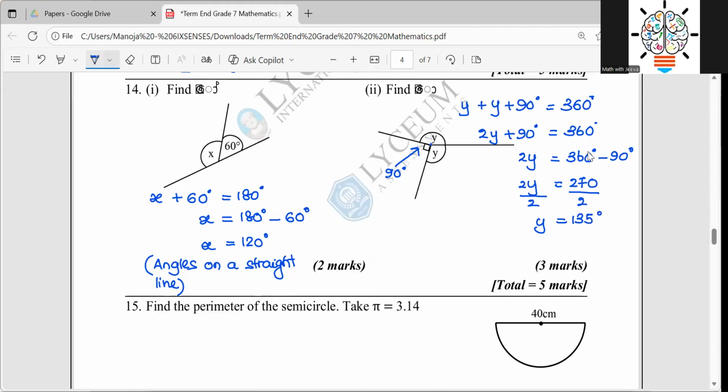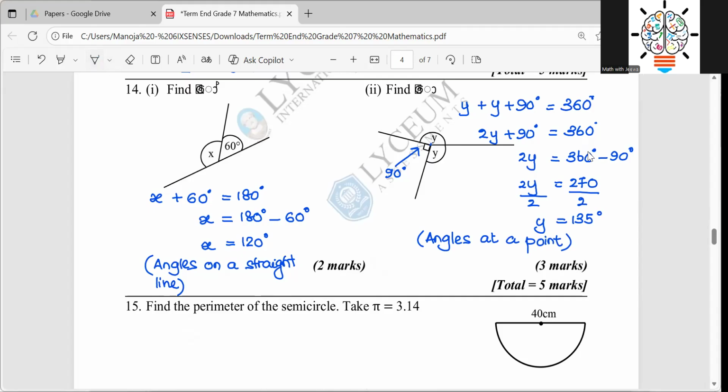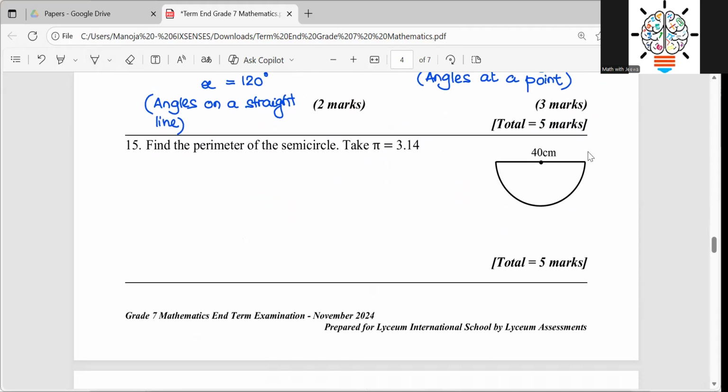So here, what is the rule? That you write angles at a point. This is the theory behind this. Find the perimeter of this semicircle. Children, when you have something like this, you have the perimeter in the sense that you want to get the outer boundary, no?